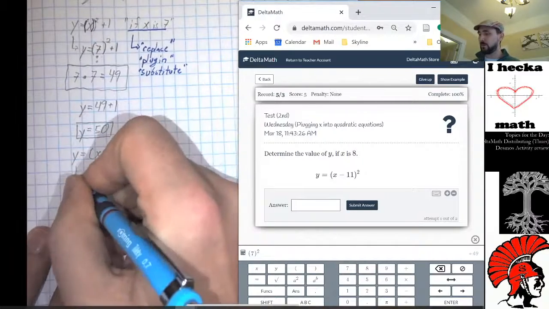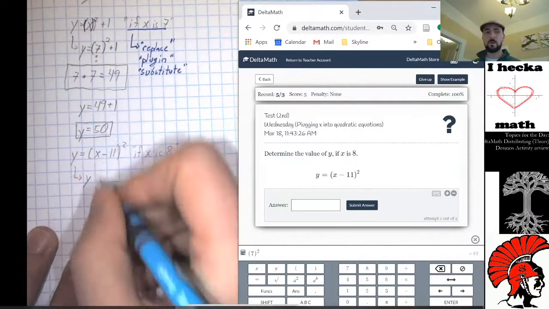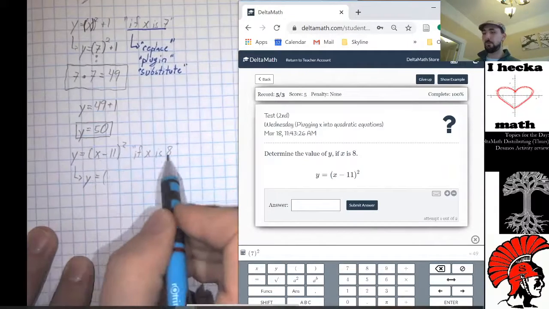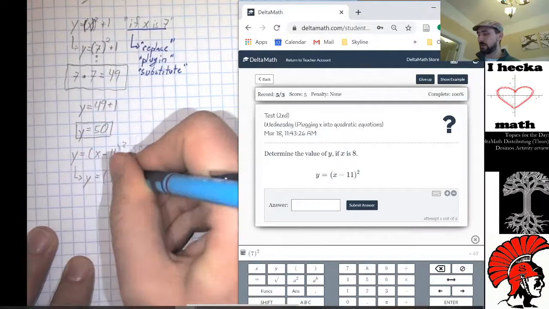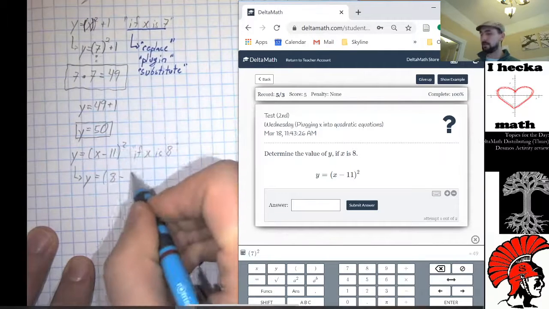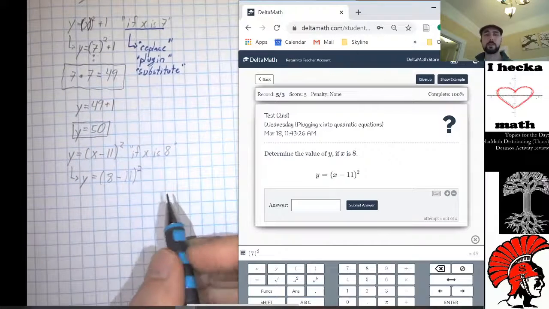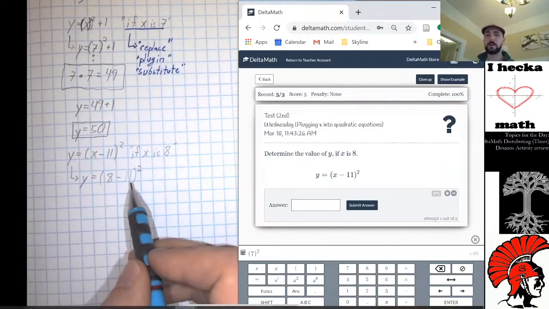Okay, so same idea. I'm copying the y, copying the parentheses, replacing an x with an 8, copying the minus, copying the 11, copying the parentheses, and copying the square.